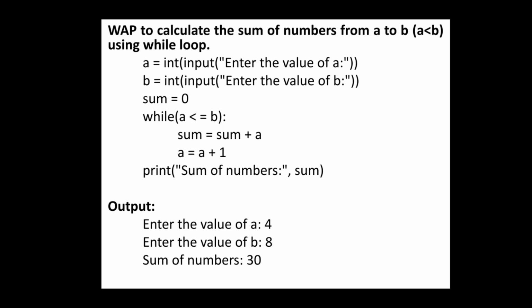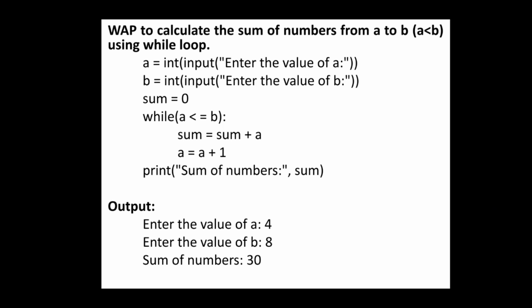Now enter the value of A, we put A equal to 4. Enter the value of B, we put B equal to 8. Now sum equal to 0. Now 4 less than or equal to 8, true. So sum equal to sum plus A, sum is 0, so 0 plus 4, that is sum equal to 4.